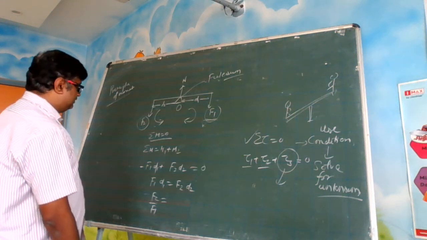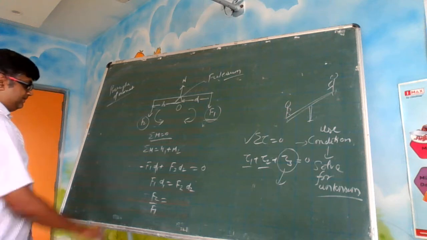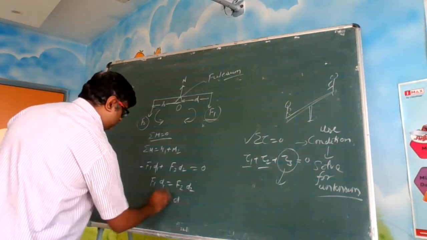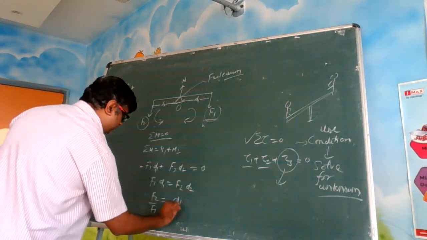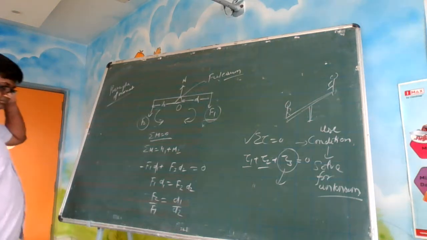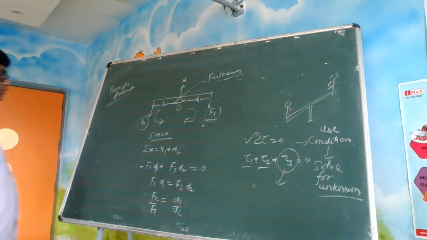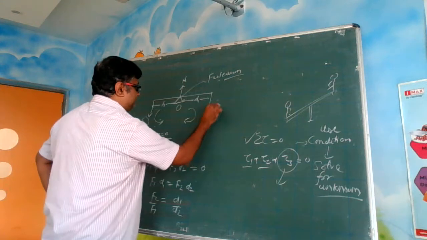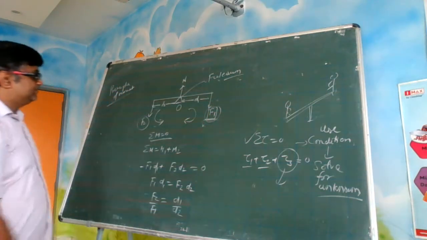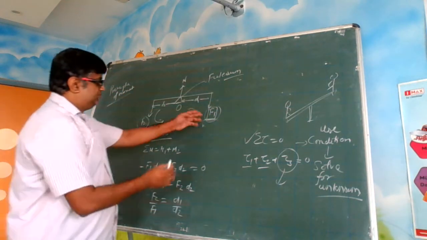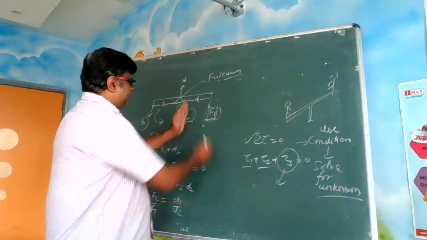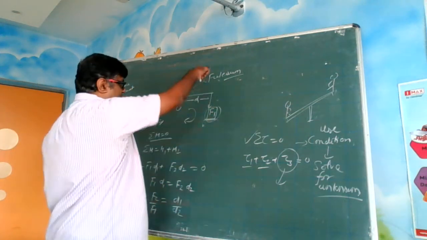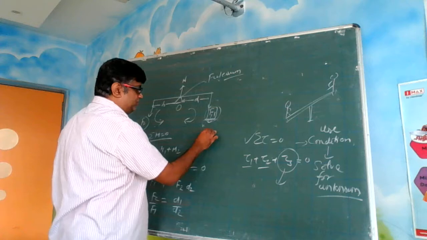और F2 by F1 is equal to d1 by d2. Okay, now look here, what is this force? Basically, if I put a weight here, it will be acting downward, so this is corresponding to some mass, no?